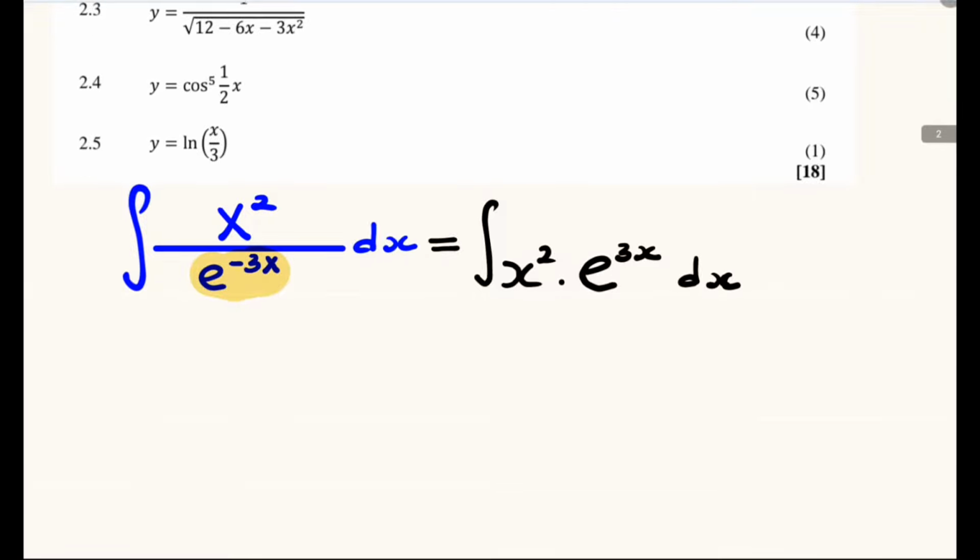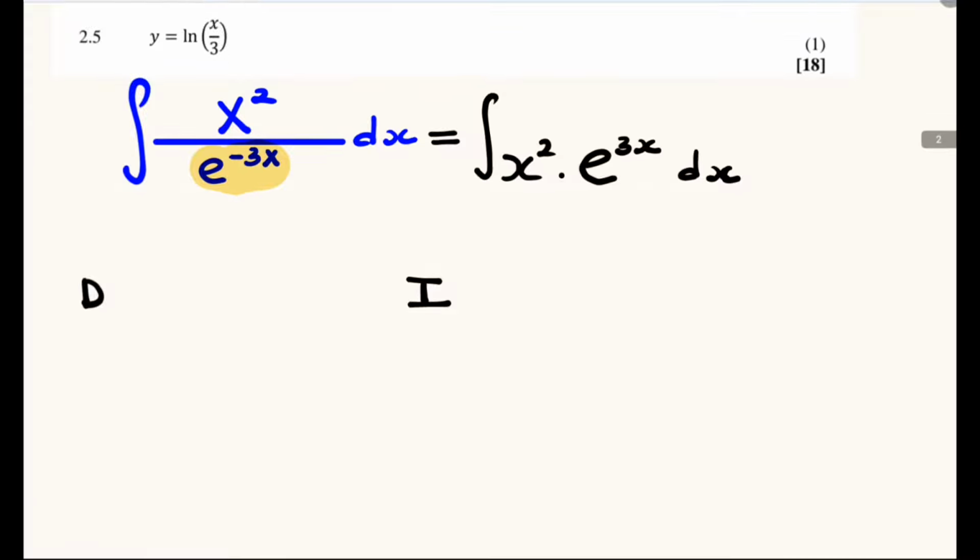To integrate, we have to use integration by parts, and because of that x squared, we have to use integration by parts twice. But we can avoid using integration by parts twice by using the table method of integrating by parts, where we have D for differentiation and I for integration.